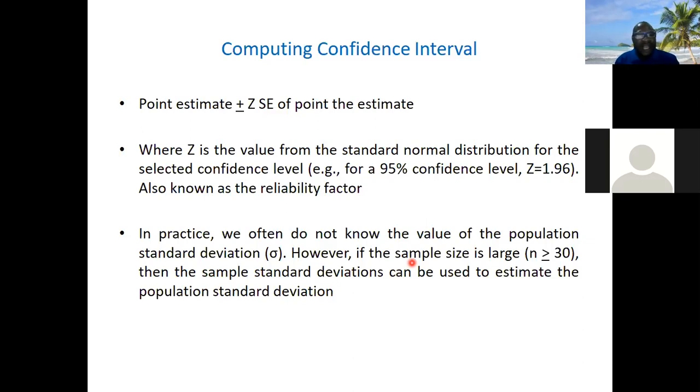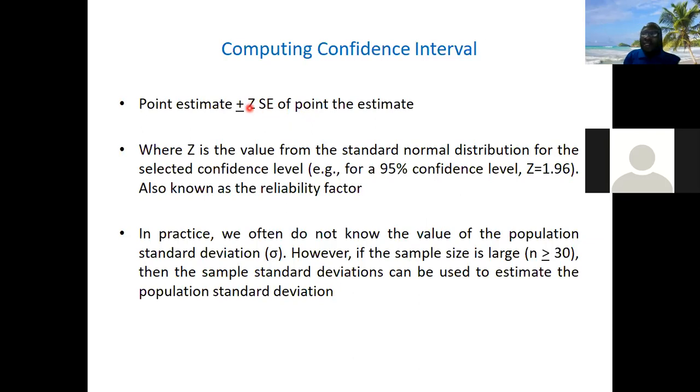I've already said that Z is also known as the reliability factor. In practice, we often do not know the population standard deviation itself. However, if the sample size is large, greater than or equal to 30, then the sample standard deviation can be used to estimate it.